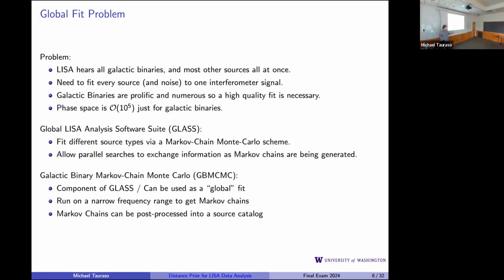We get Markov chains on that frequency band that have a probability distribution like the target function that we're looking for. Then we post-process them into a source catalog. This is something you would actually look at if you were trying to use this for astronomy. It would say there's a source at this location in the sky, and it has these parameters that we've measured with some error bars.